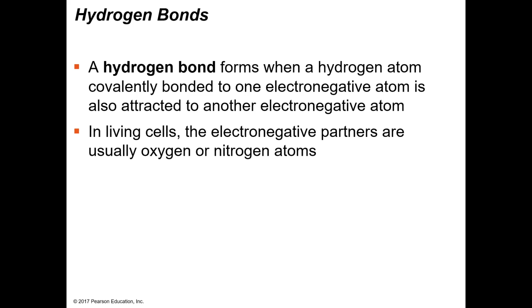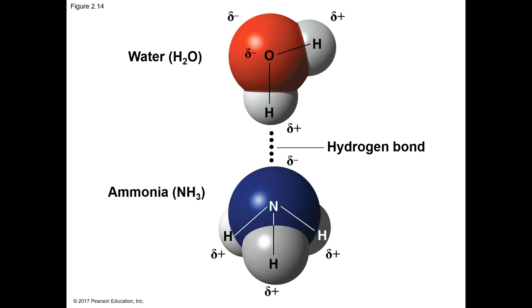In living cells, the electronegative partners are generally oxygen or nitrogen atoms, where you'll have an oxygen already bonded to a hydrogen, like in a water molecule, that's also bonded to another hydrogen. Okay, so here you've got a water molecule on the top with its partially positive and partially negative sides.